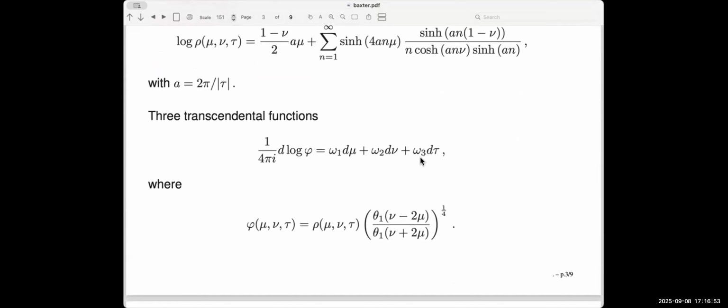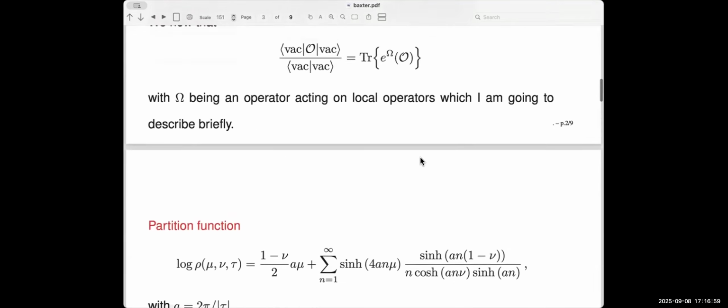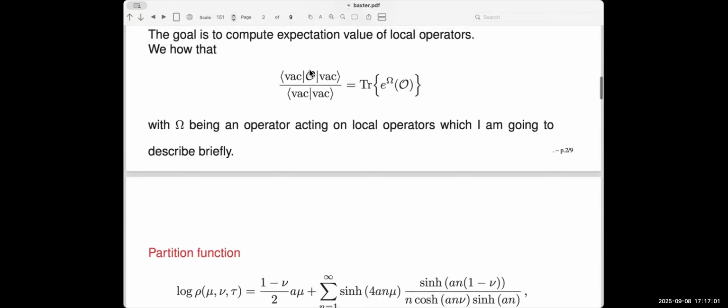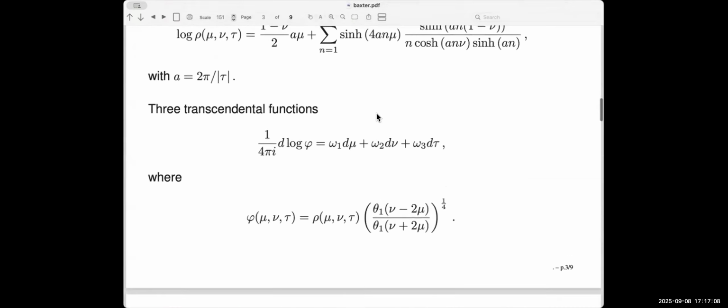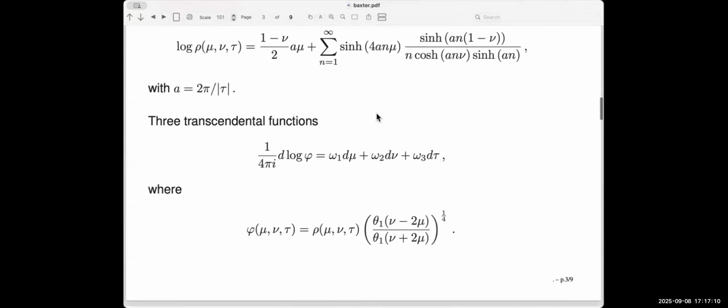And so the correlation function, this formula for the correlation function for this operator omega, by the way, omega is an operator acting on operators, for this operator omega will be given using these three functions.